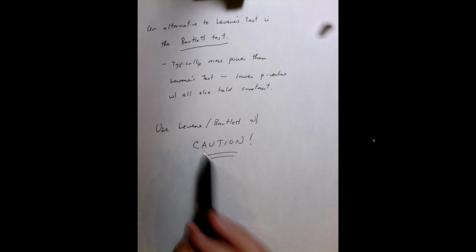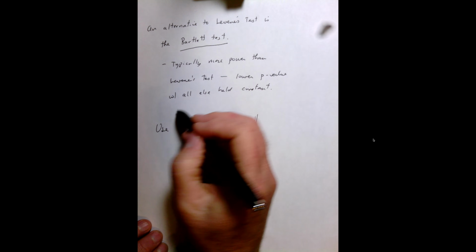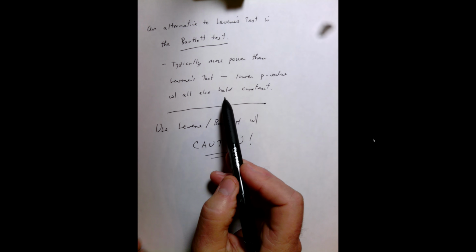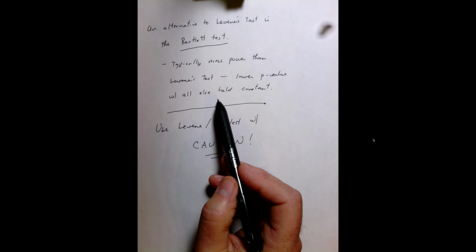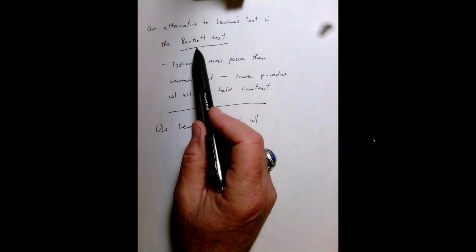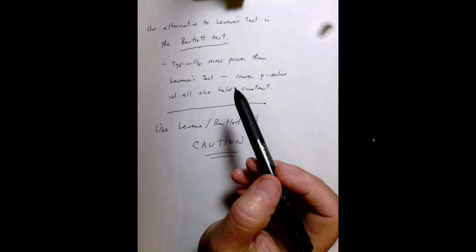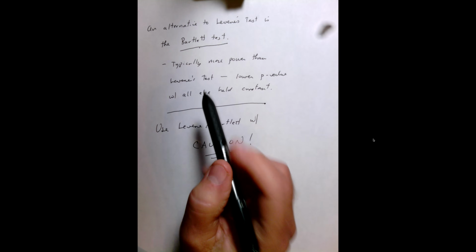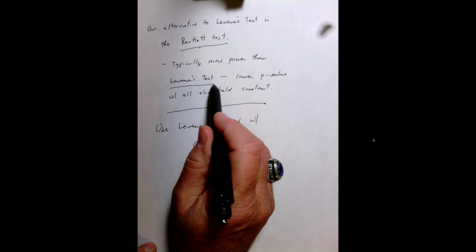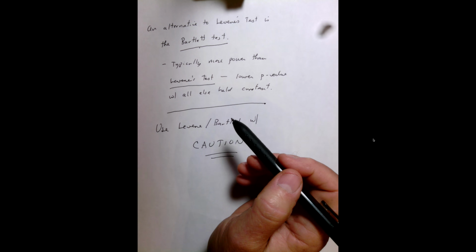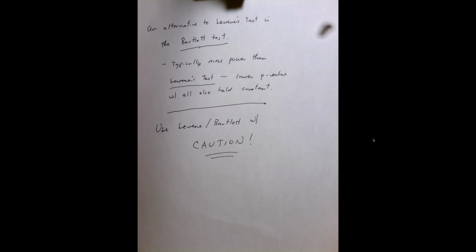Again, you're more likely to reject the null with Bartlett's test. It's more sensitive. I am just a creature of habit. My doctoral professors taught me Levene's test, and I've used it for years, and it's what I use. But either one is just fine.